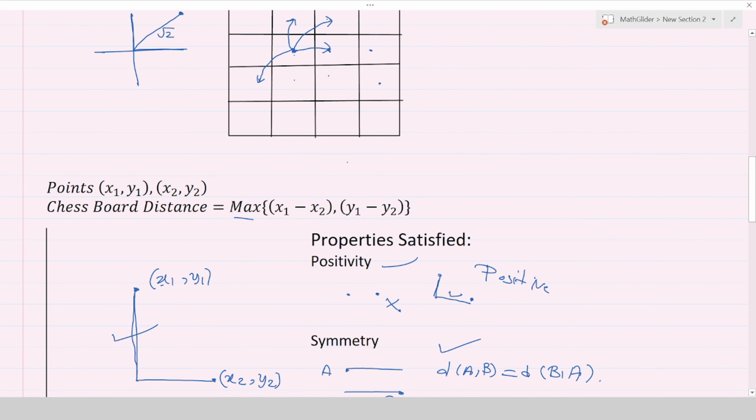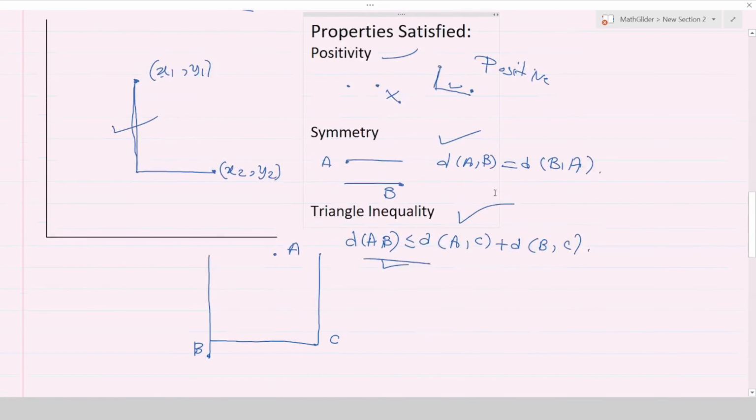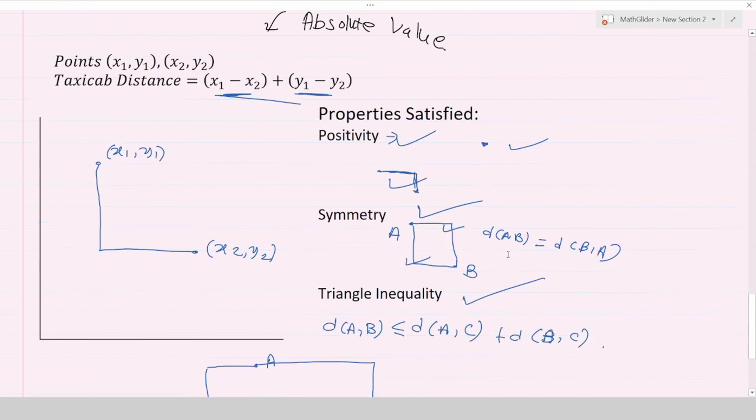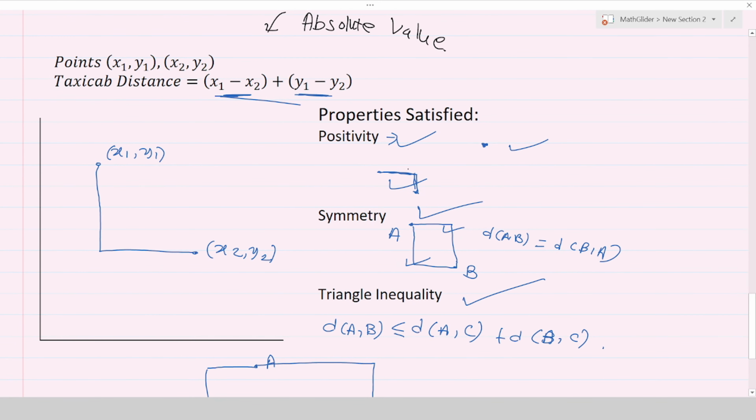Here also we take the absolute values. Okay, so we saw that it satisfied three properties: positivity, symmetry, and triangle inequality.